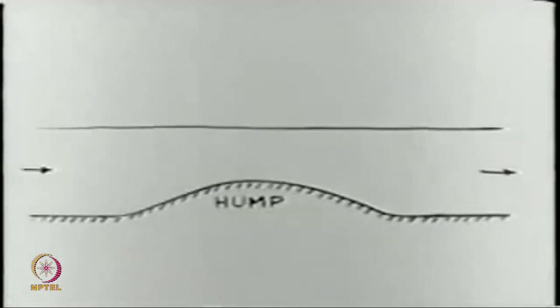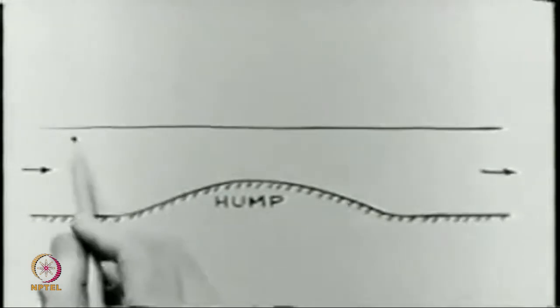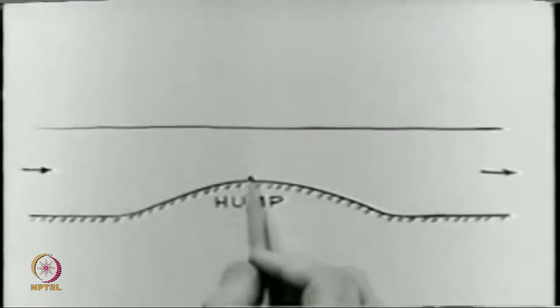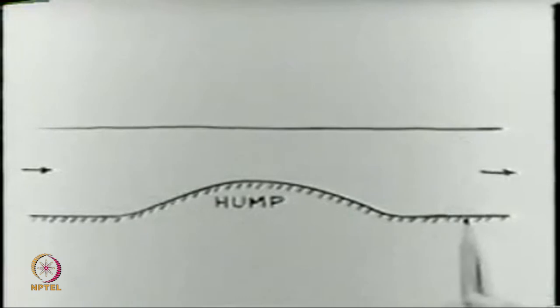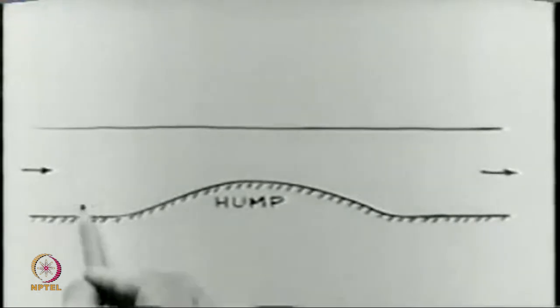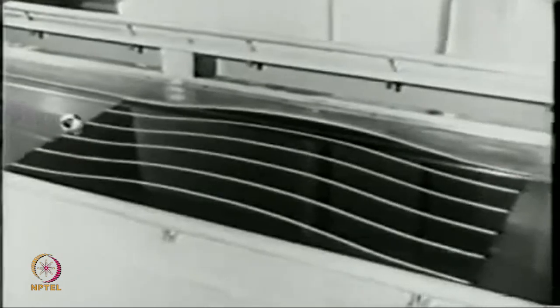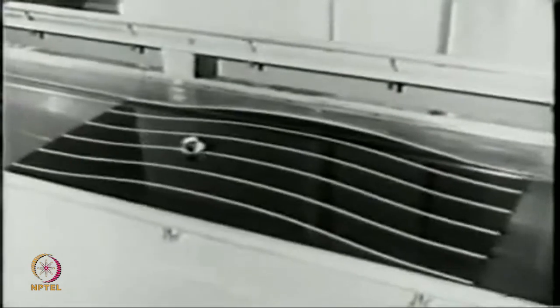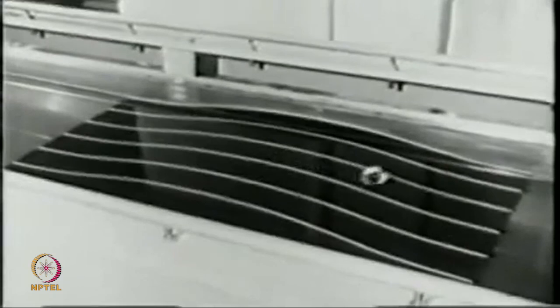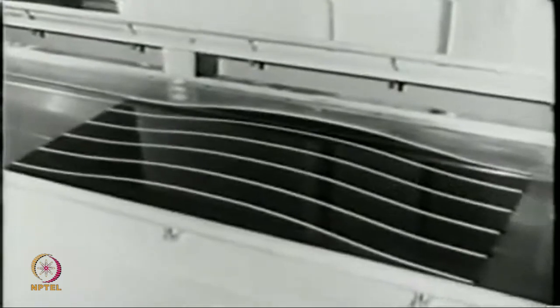To show the effect of stretching vortex lines, we have an apparatus in which water flows over a hump. The water depth first decreases and then increases. The speed of the water is inversely proportional to the depth, and so the flow accelerates as it goes up the hump and then decelerates as it goes down the hump. Now I'm making a vortex with a sharp-edged plate.